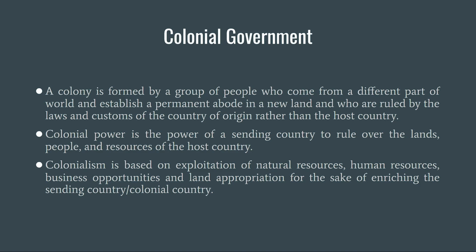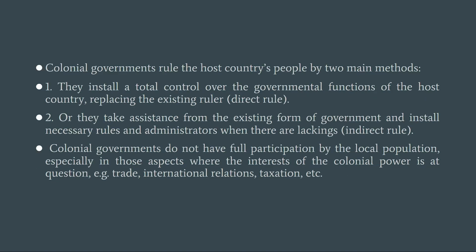So if the people in that land have the power of citizenship, and they have the power to elect representatives from themselves, the colonial target is not going to be fulfilled, because the target of the colonial power is to extract natural resources and business opportunities from one country to another.